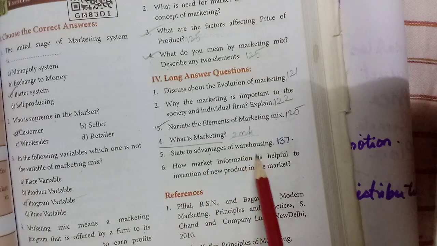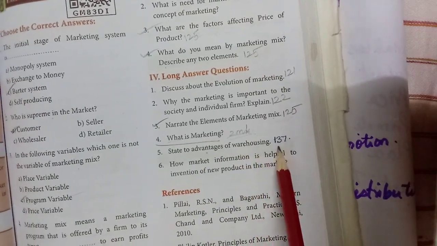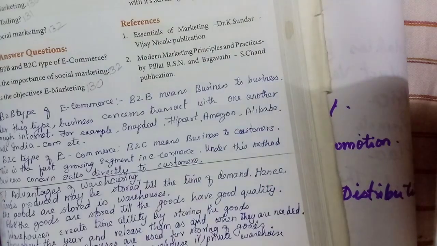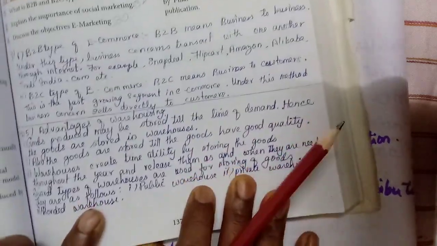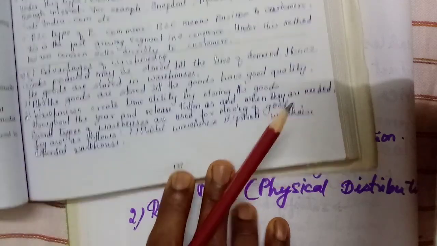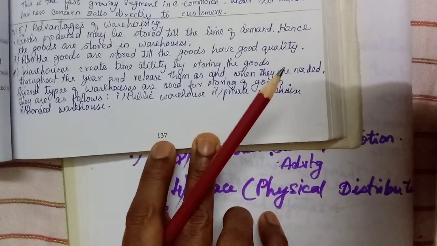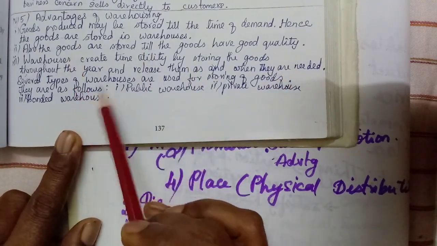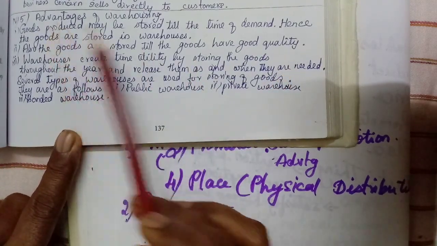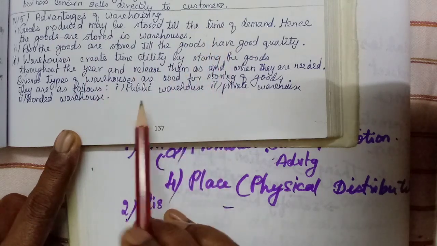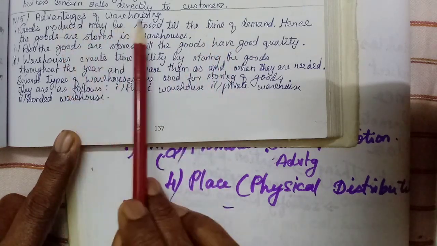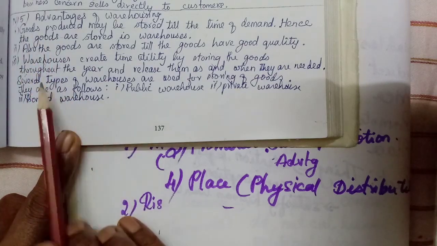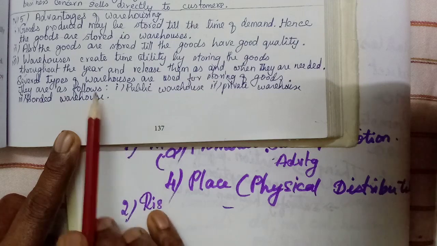Then state two advantages of warehousing. Here I have written and kept it. This one you can write and take. Advantages of warehousing, there are three points available. You write and take.